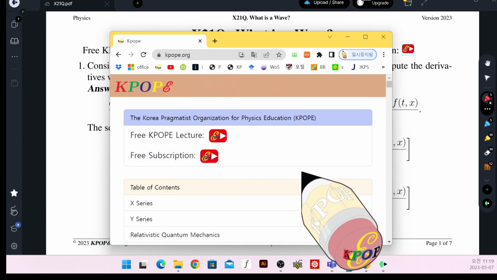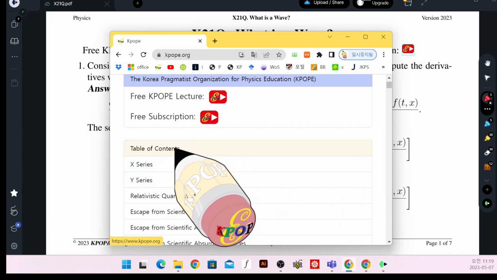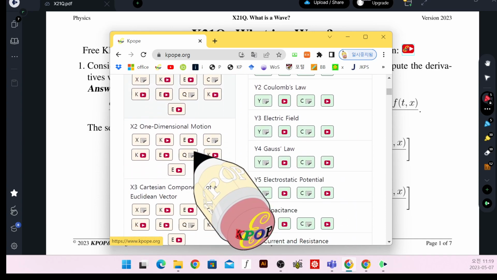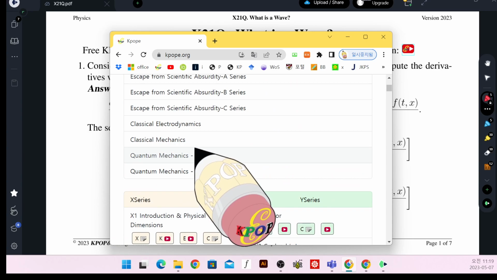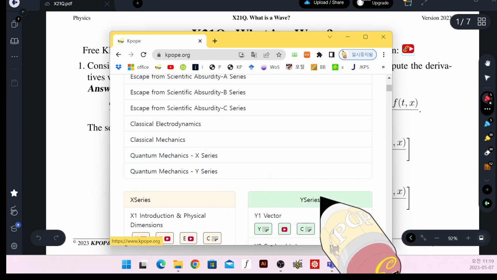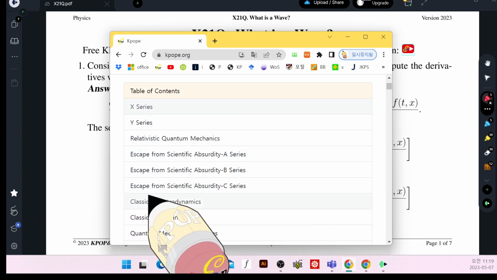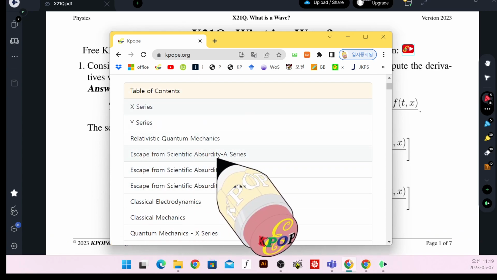kpop.org, and you will find the table of contents, the X series, which is for General Physics 1, and the Y series, which is for General Physics 2, and there are various subjects related to physics.